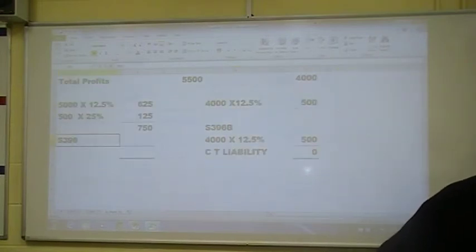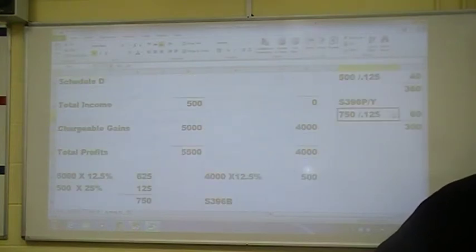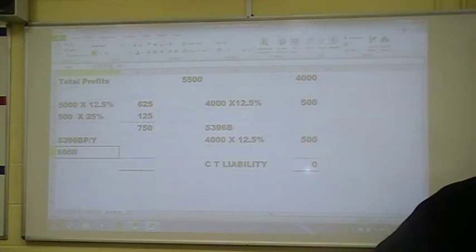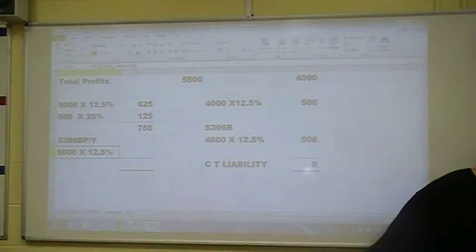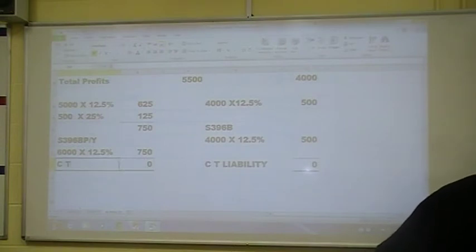So section 396B prior year is 6,000 multiplied by 12.5%, and that is 750, bringing us down to a CT liability of 0.